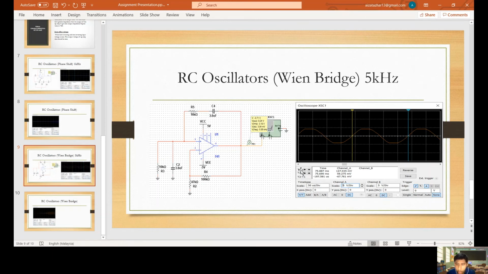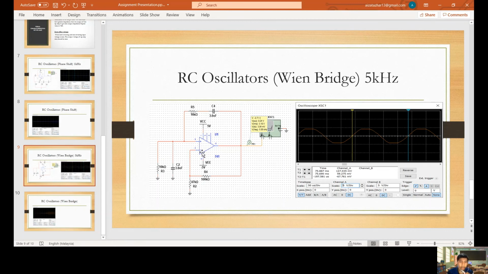As we know, frequency is equal to 1 over period. So this is the period. As we calculate, we get the same answer as shown in the simulation, which is 5 kilohertz.